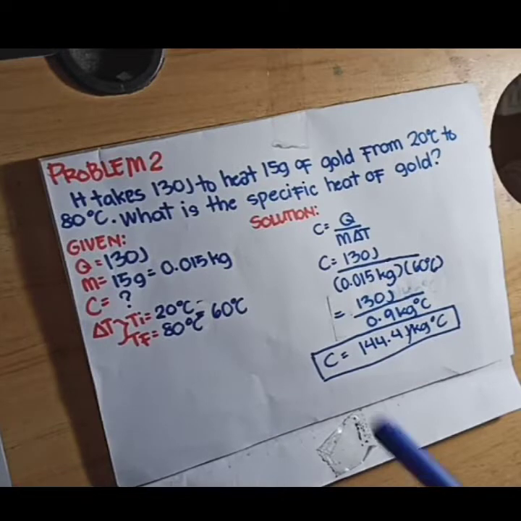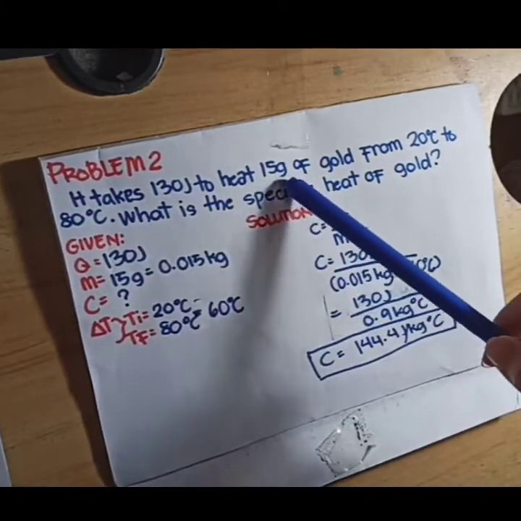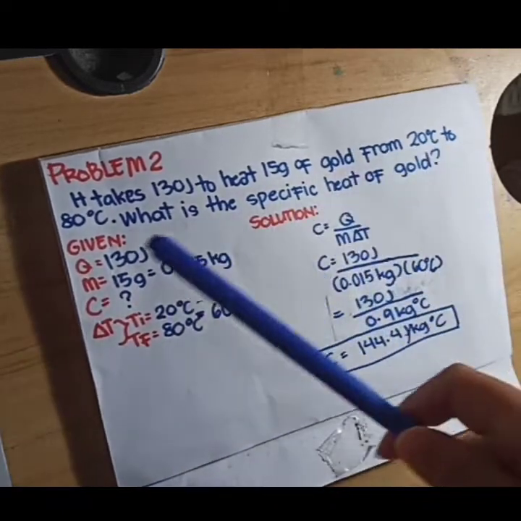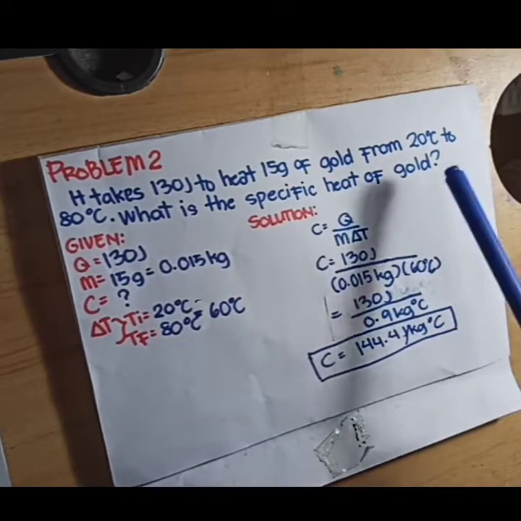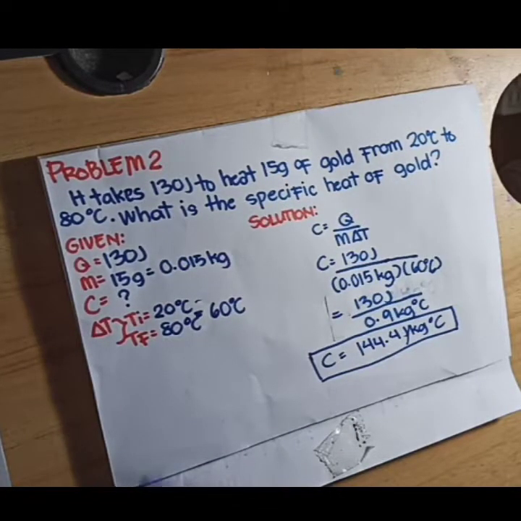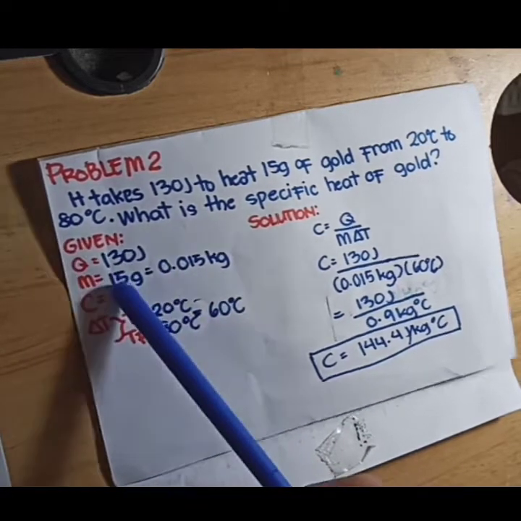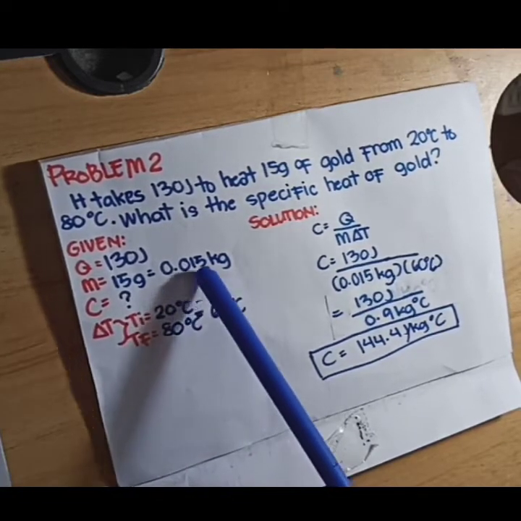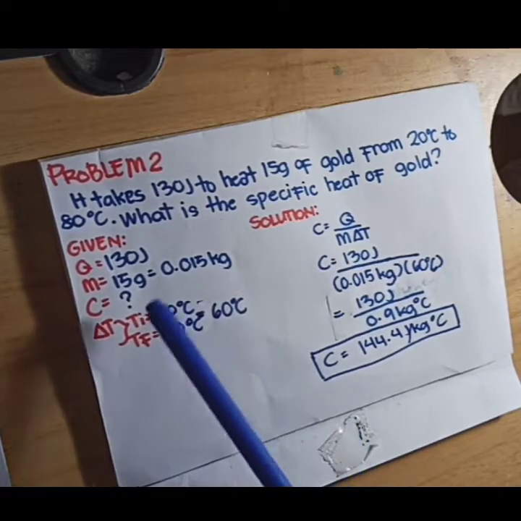Now, let's proceed to problem 2. It takes 130 joules to heat 15 grams of gold from 20 degrees Celsius to 80 degrees Celsius. What is the specific heat of gold? First, we're going to write the given. We have the heat 130 joules and the mass is 15 grams, and we have converted it into kilograms, 0.015 kilograms.